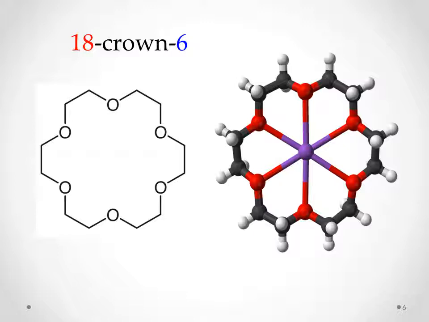Because of the close fit and ion dipole attraction, potassium ion is bound very tightly. Although the crown ether is not the solvent, it holds potassium ion by the same force that a solvent uses. The forces are simply much stronger here.